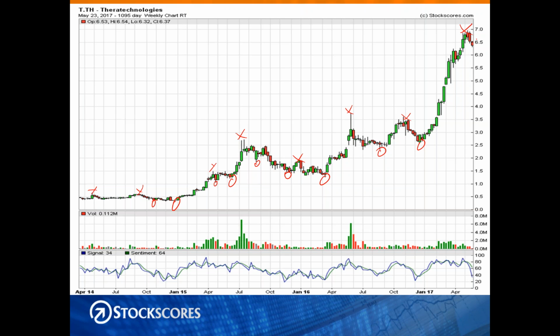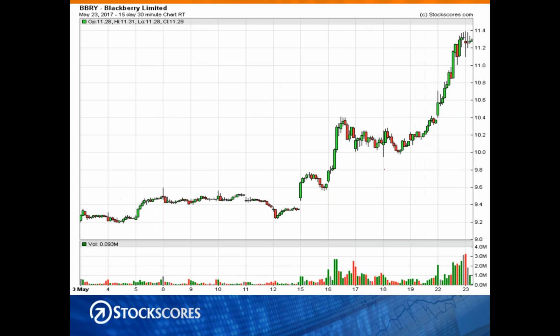Now, why are inflection points important? Because we're going to start to draw lines across them to define things like trend and price patterns. Before we get into the 6 elements of chart patterns, let's do that same exercise on this 15-day, 30-minute chart, just looking for peaks and valleys.